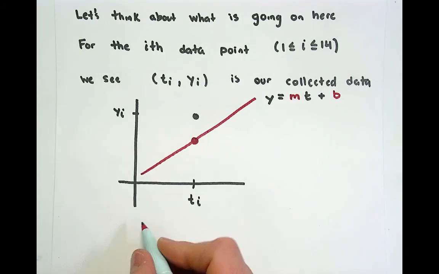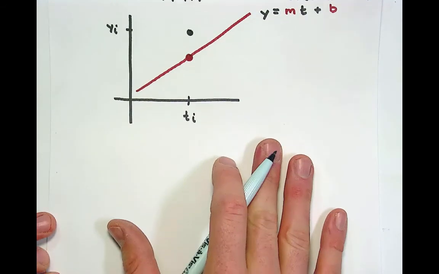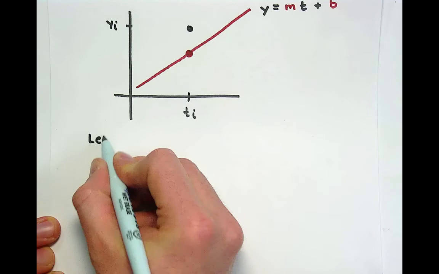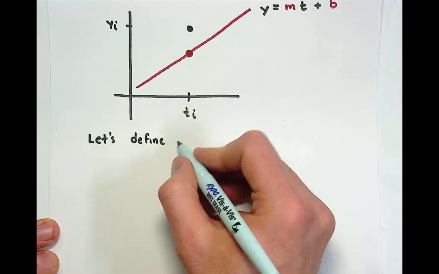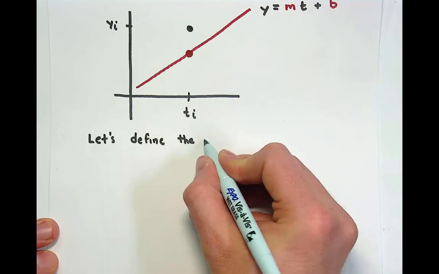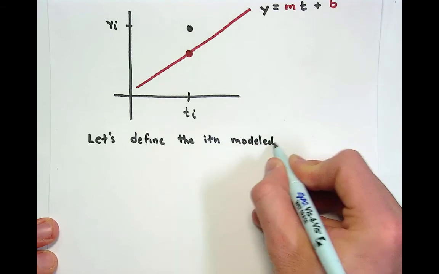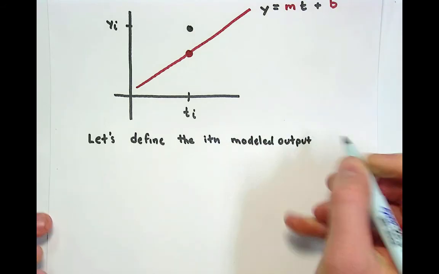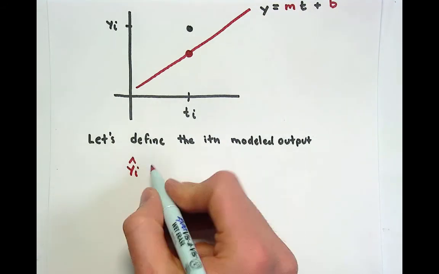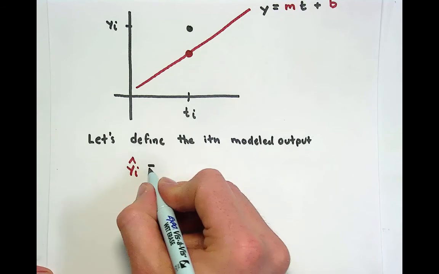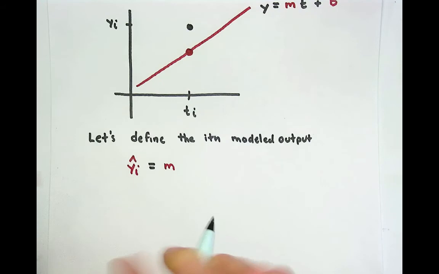And why don't we do this? Why don't we say, let's define the ith modeled output as y sub i hat, and this is going to be equal to, of course, a function of whichever m and b I choose.